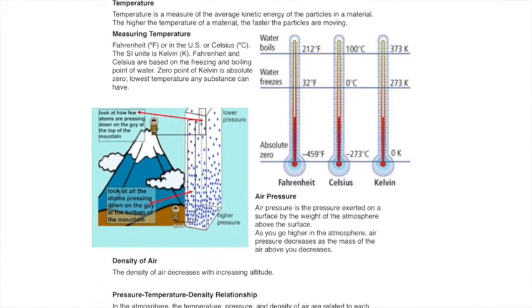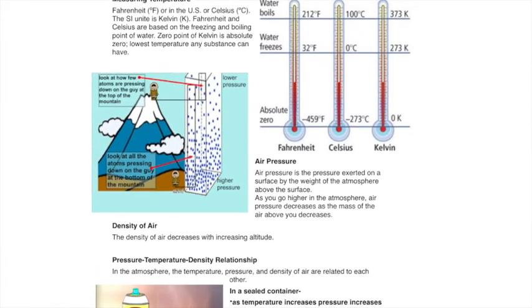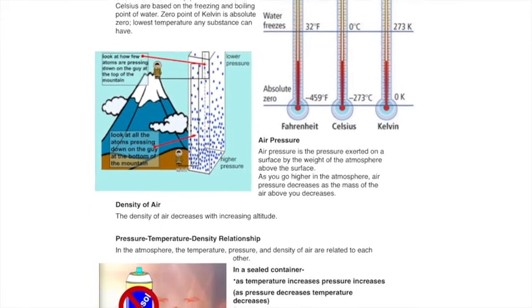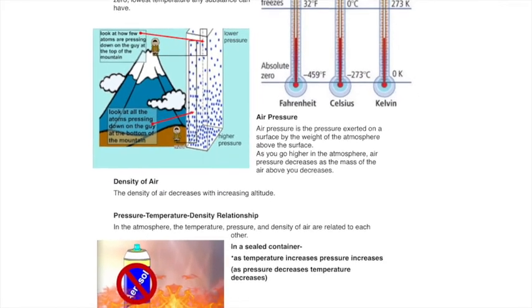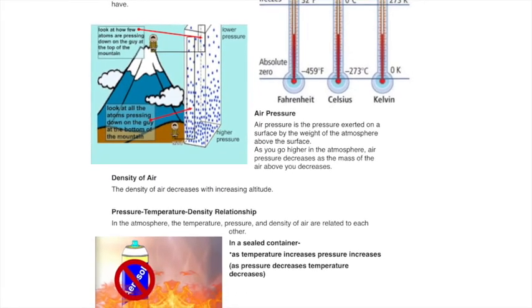So the higher you go, the fewer molecules are there, and so there would be less pressure pushing down on you. Almost all of the molecules of air above you only go to the top of the stratosphere, so about 100 miles of gases pushing on you. That would be air pressure.